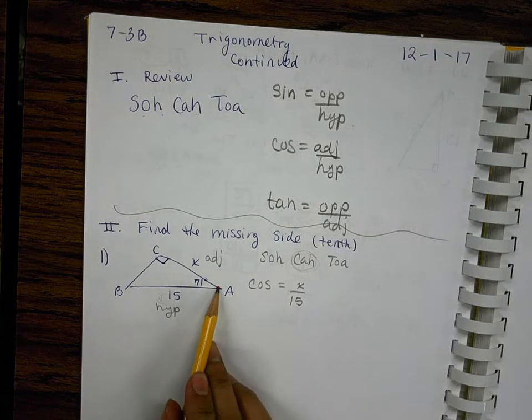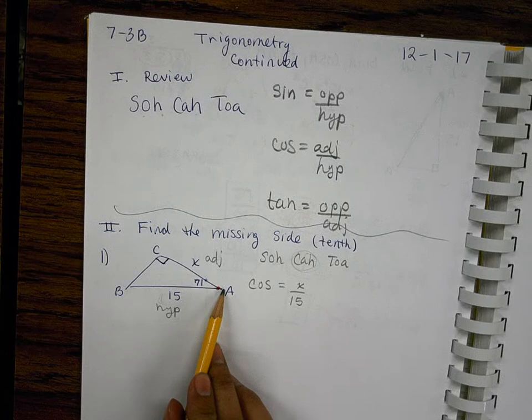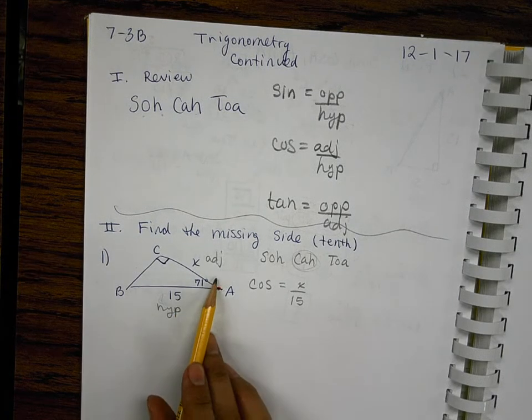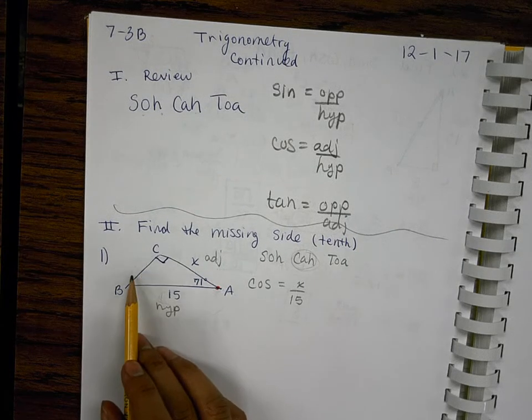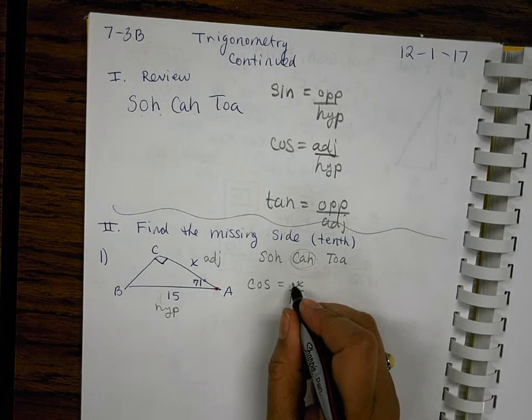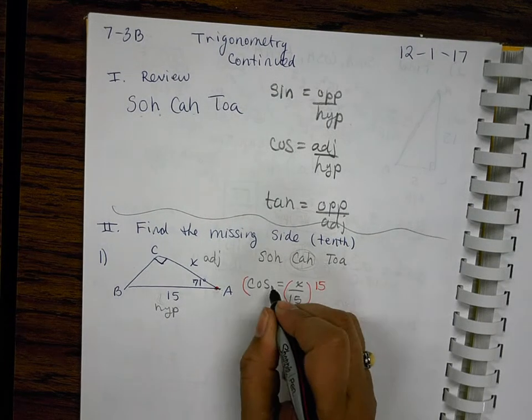I put my little dot at 71 because that's the angle that was given. I then labeled the given side as my hypotenuse and my unknown side is the adjacent because that's X. And I don't label this side because we don't need it, don't care about it. Okay, now how would I solve this? If I'm trying to find X, I am going to multiply both sides by 15.